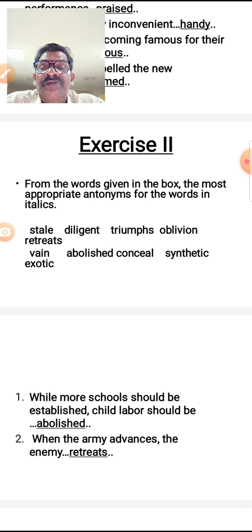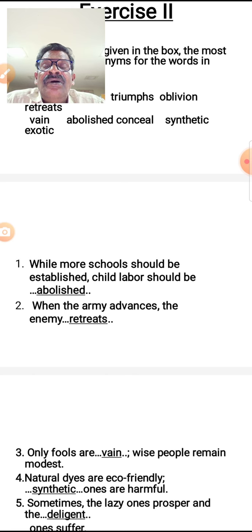The box has 10 words: stale, delegate, triumphs, oblivion, retreats, vain, abolished, conceal, synthetic, exotic. These are the words given in the box. And now follows the sentences of exercise number 2.